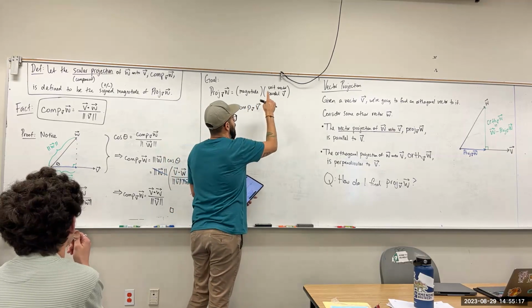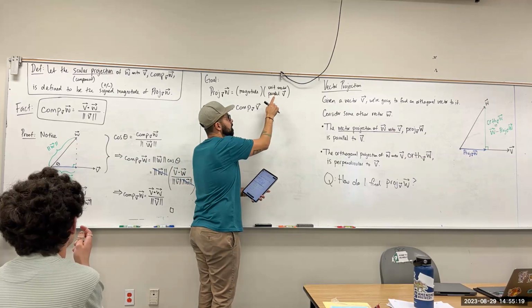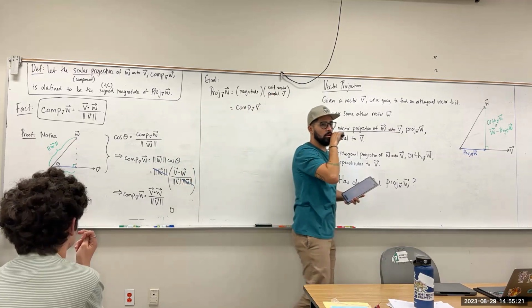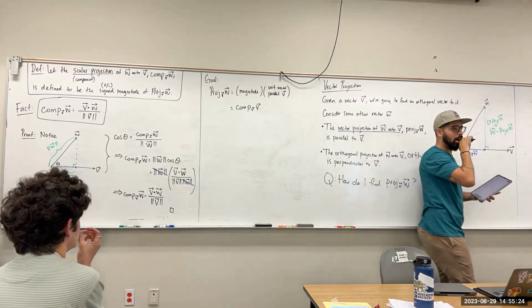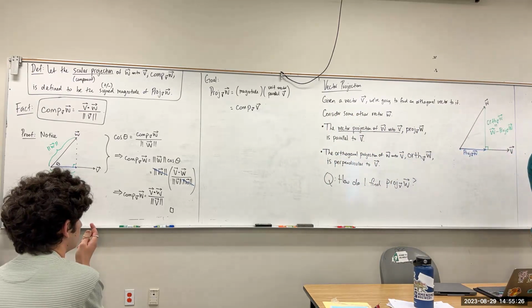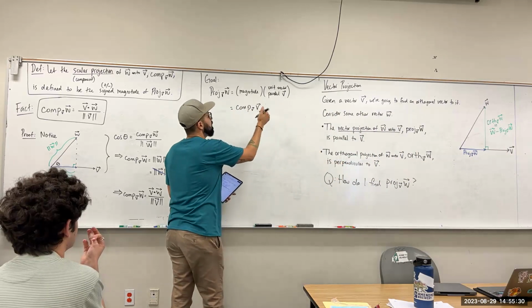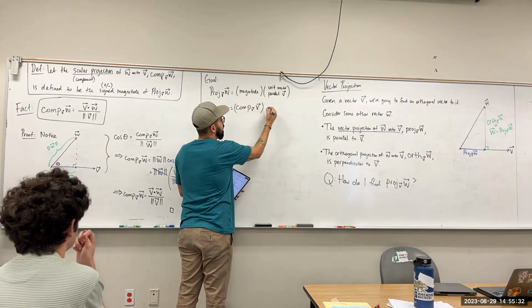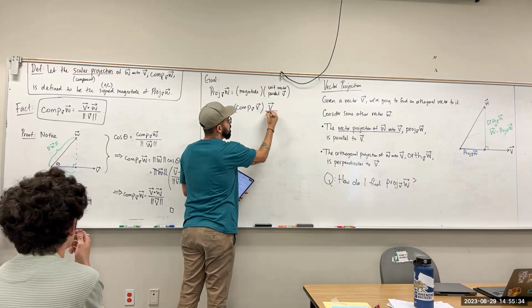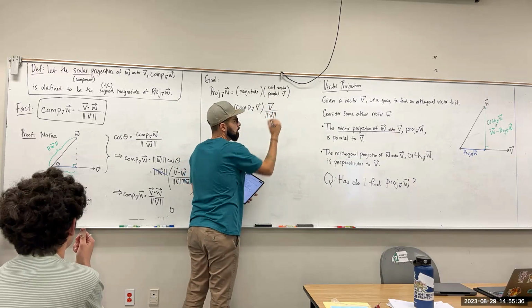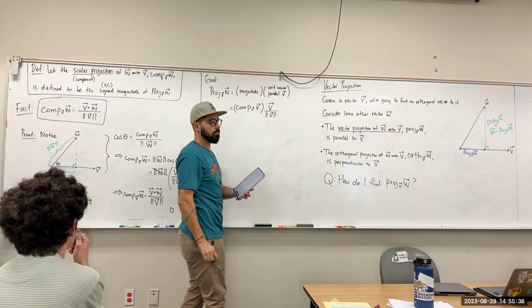Okay. How can I find a unit vector parallel to V? What can we do? Normalize it. Remember we learned about normalizing a vector? That means I'm going to get V, and I'm just going to divide it by its magnitude. That gives me a unit vector, which is what we learned last week.